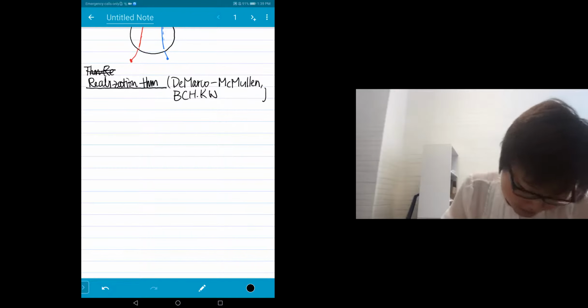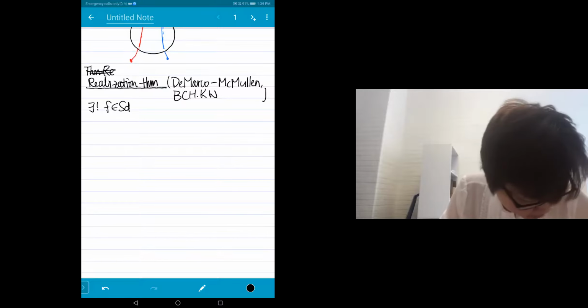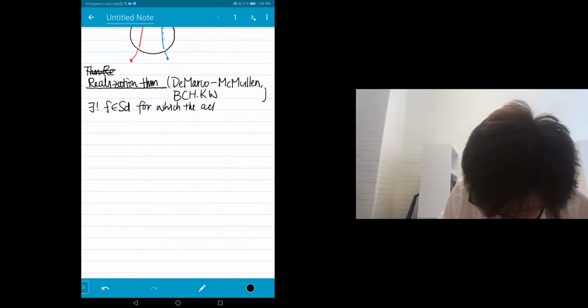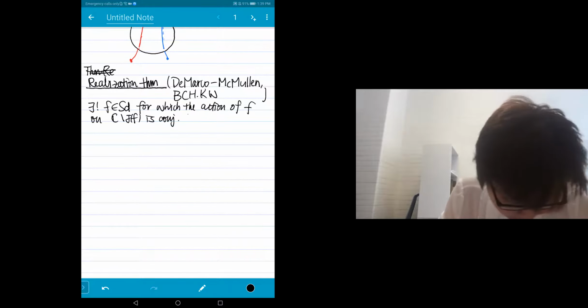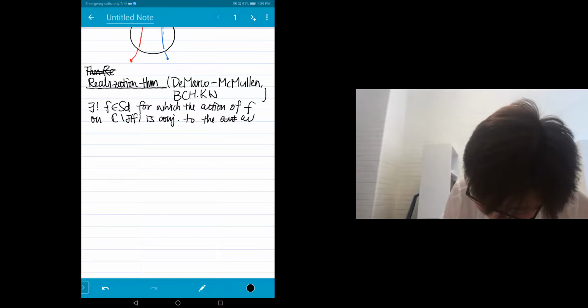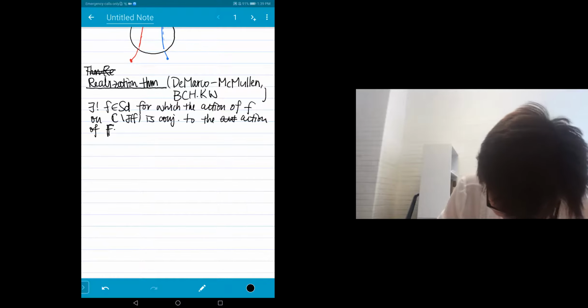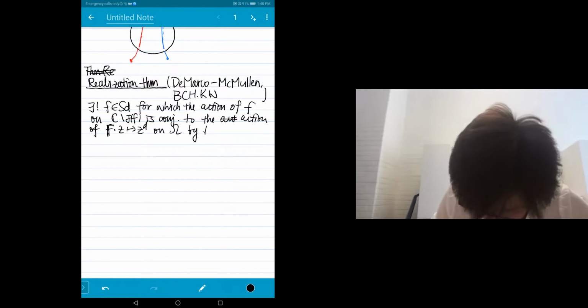So the realization theorem says, just as I said, there exists a unique polynomial in the shift locus for which the action of f on this plane minus Cantor set is conjugate to the action of big F, which is z goes to z to the d on omega, and it is conjugated by the butcher map.